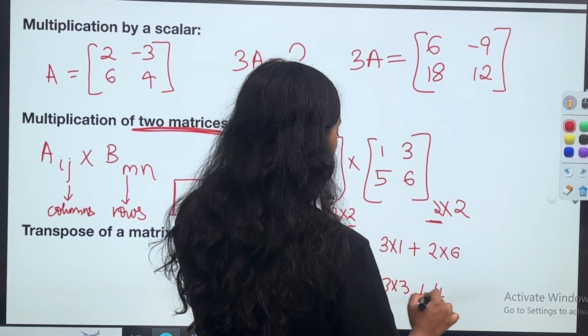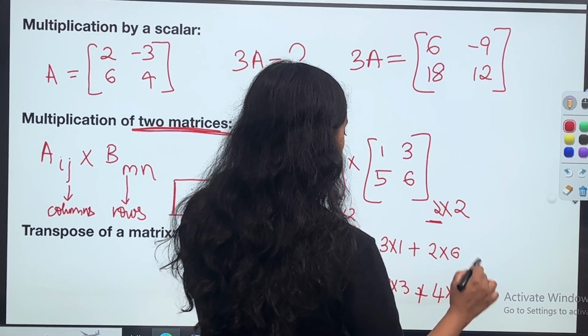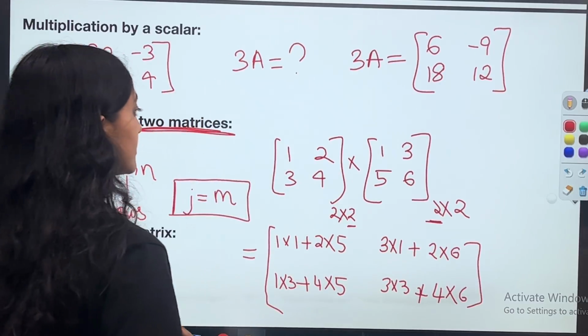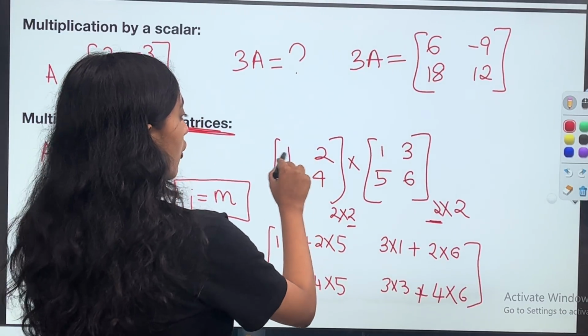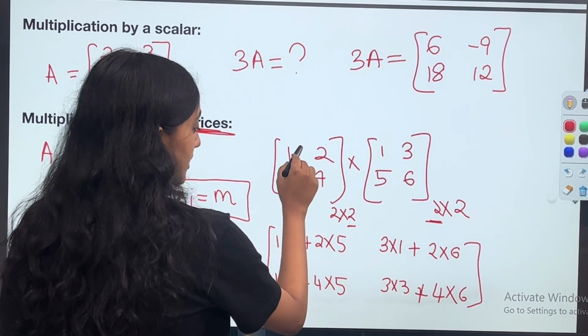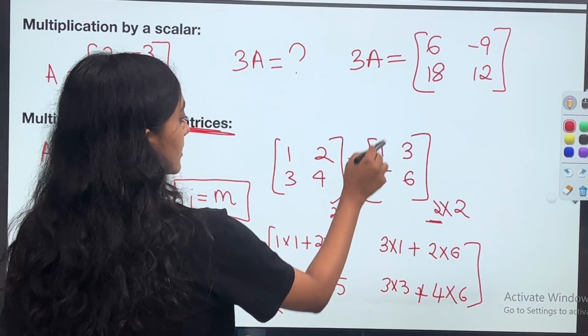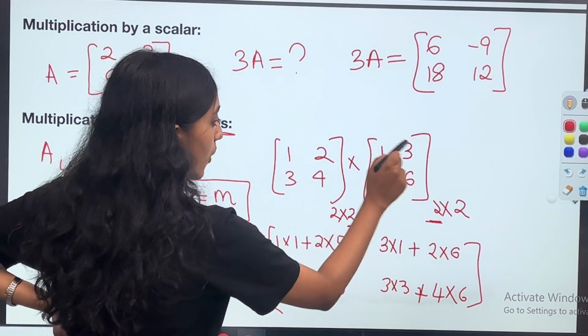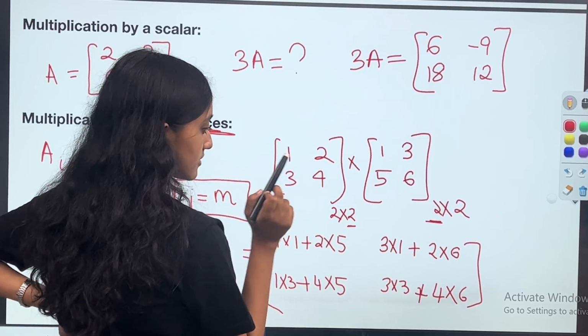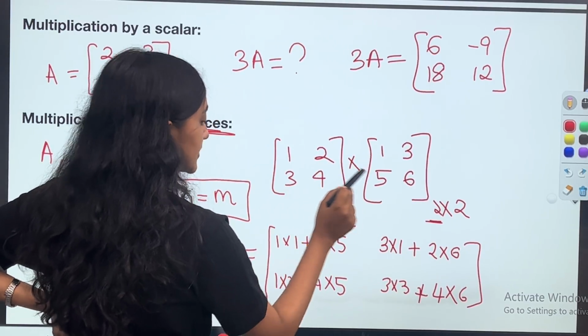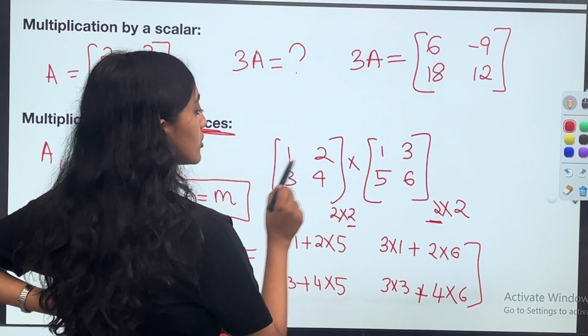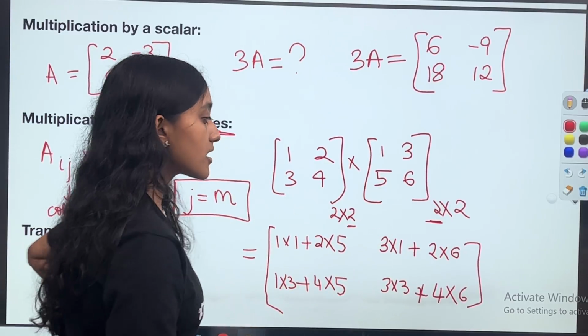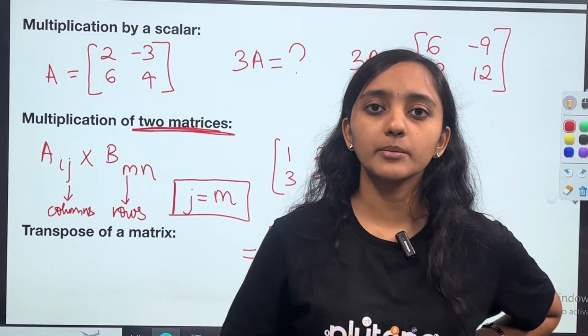plus 4 into 6. So what is basically happening is that in the first matrix you go by the row, and in the second matrix you go by the column. So it is 1 into 1 plus 2 into 5, 1 into 3 plus 2 into 6, 3 into 1 plus 4 into 5, 3 into 3 plus 4 into 6. This is how you do matrix multiplication.